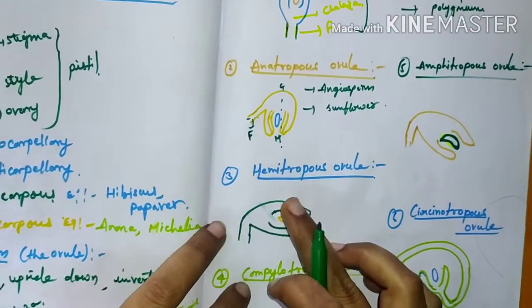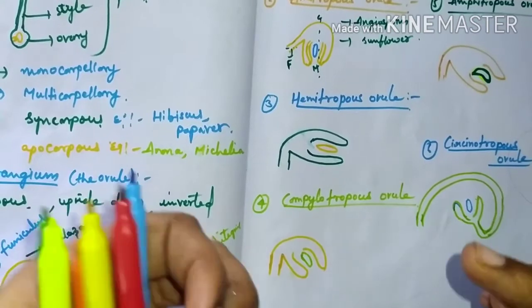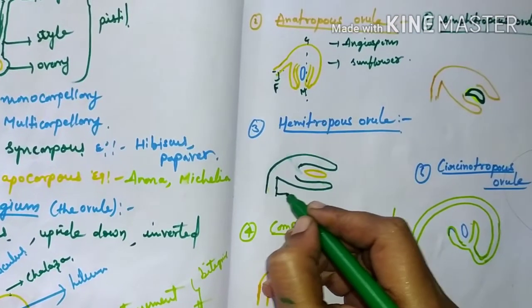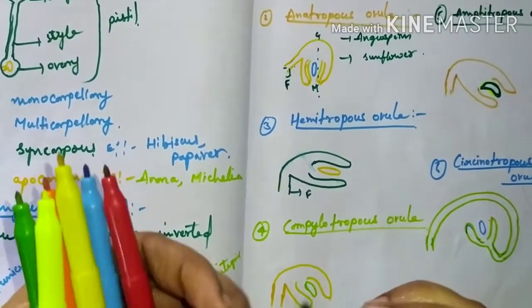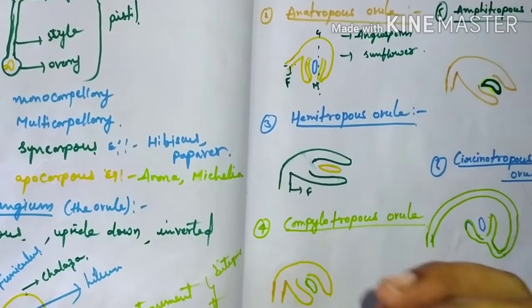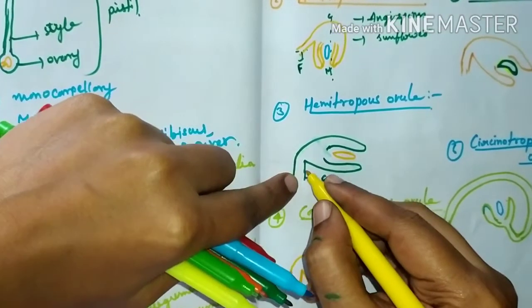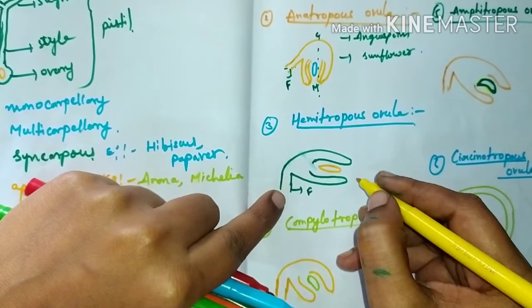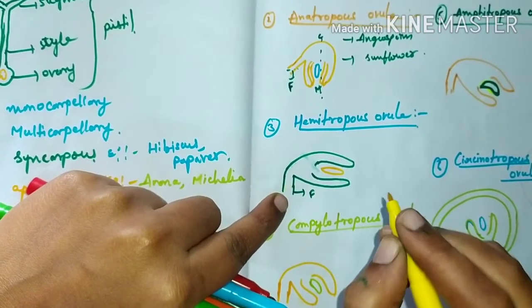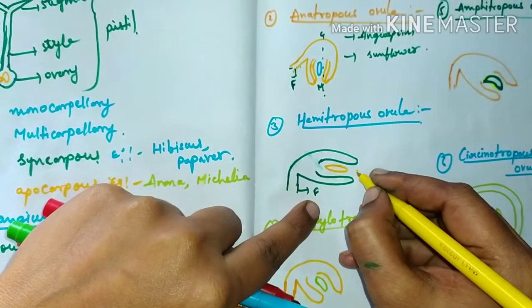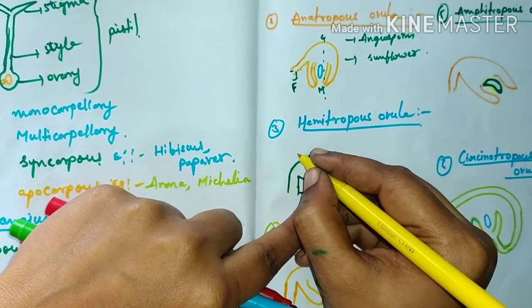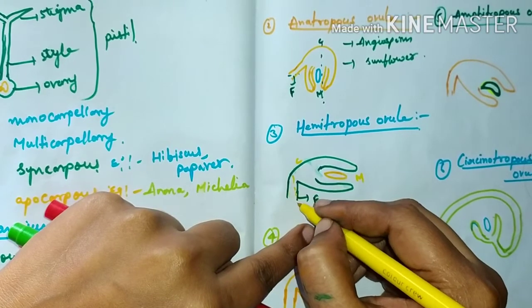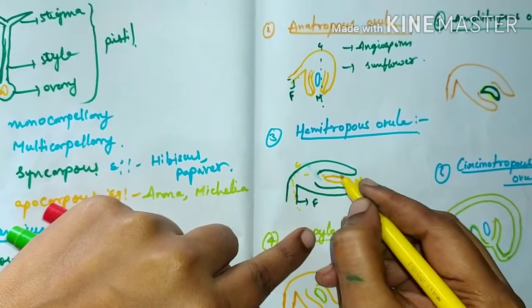And the next is the hemitropous ovule. In this, the stalk-like structure is the funiculus, and from the funiculus the body of the ovule bends at 90 degrees. Here are the micropyle and chalaza, the funiculus is present here, and the body of the ovule is like this.